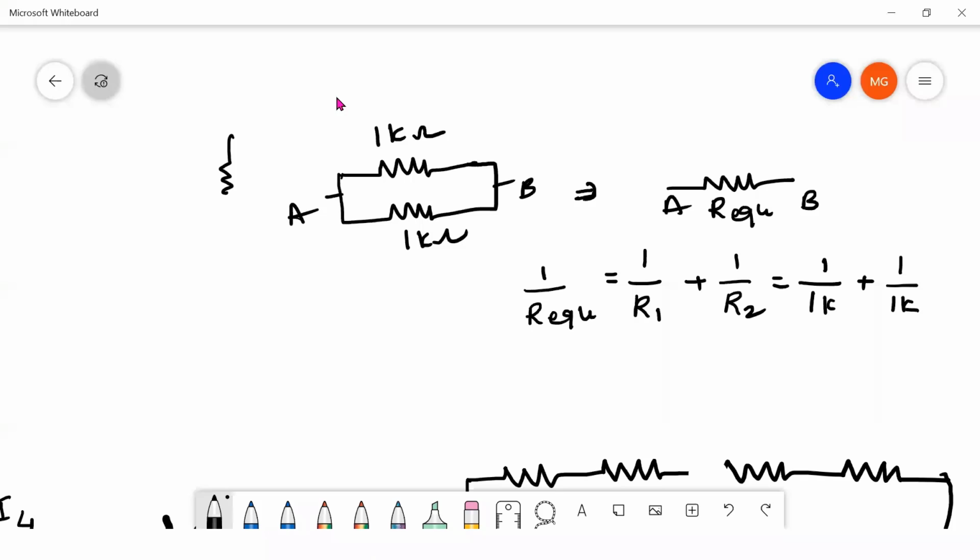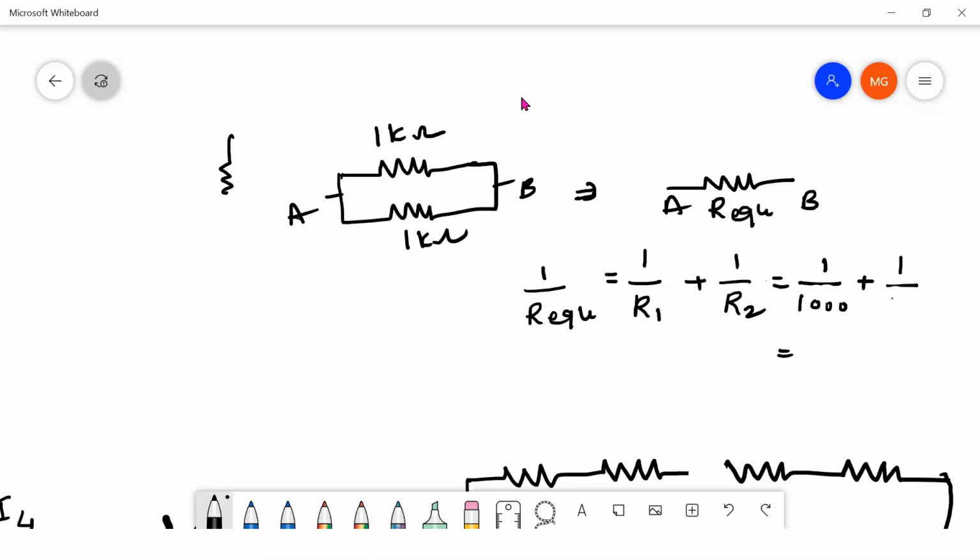Here it is also the 1k. 1 divided by 1k is what here? Can you write this as 1 milli? Because 1 divided by 1k can be written as 1 milli, or else if you are not getting it, what is 1k? Write 1000.